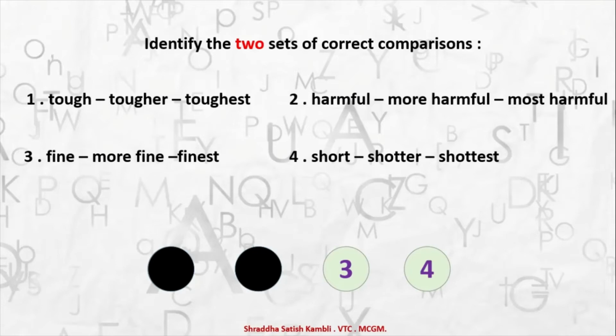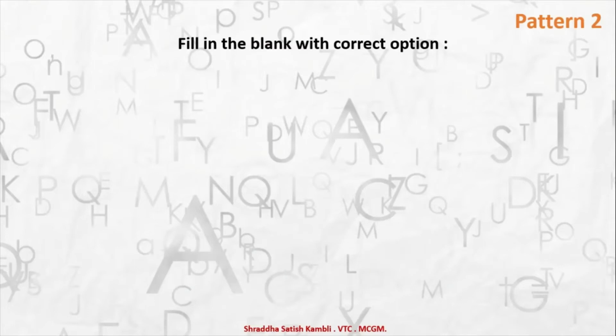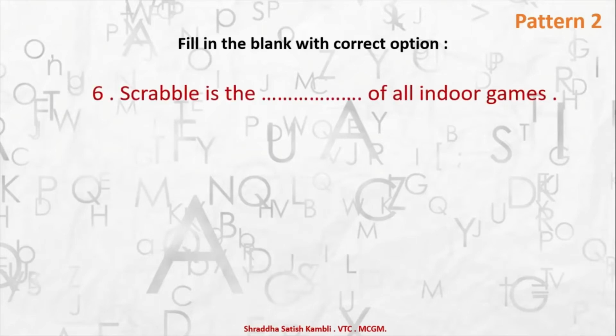Now we move on and we do pattern 2. Fill in the blank with the correct option. So you have Scrabble is the dash of all indoor games. Now, do you know of the game Scrabble? Have you played the game Scrabble? Scrabble is where you make words using these small coins.